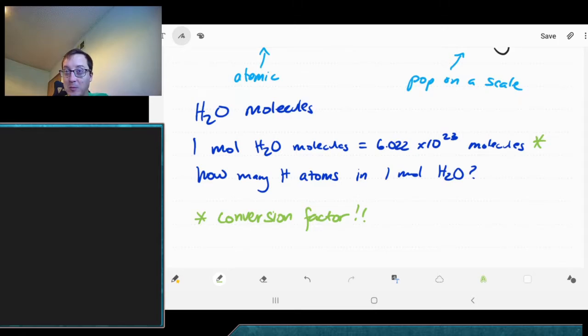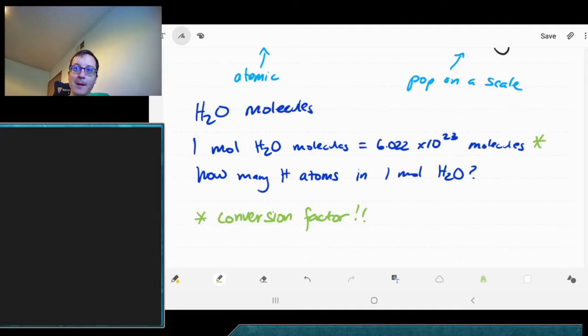So we'll be using it like that. And so if we're asked how many hydrogen atoms are there in 1 mole of water, this is a unit conversion problem. Believe it or not, as I've told you, in chemistry, especially general chemistry, most questions are unit conversions. That's all they are. And so it's going to be very important that we really understand how to do that.